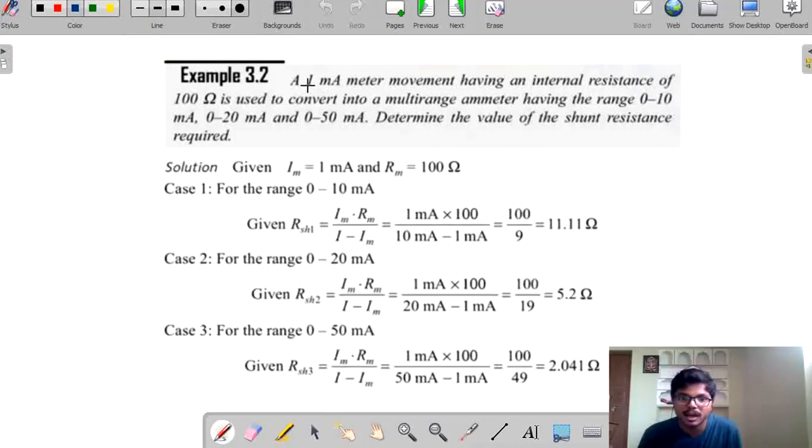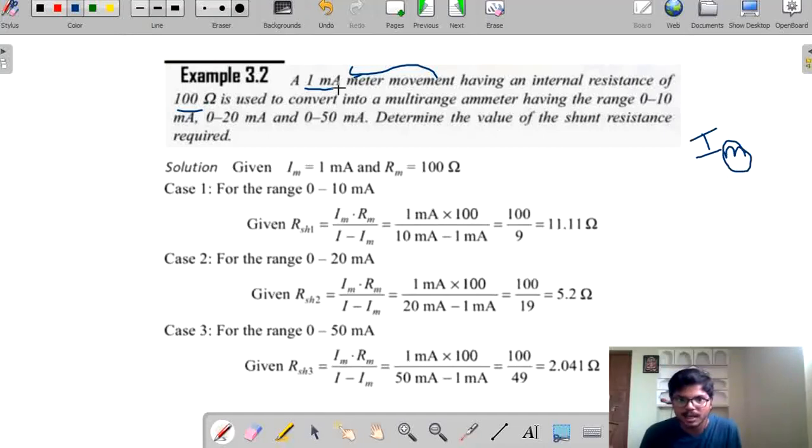A 1 milliampere meter movement having an internal resistance of 100 ohms. See carefully, I am talking with a movement. So I have already said the notations that are related with the galvanometer as IM. M is the term that is related with the galvanometer.